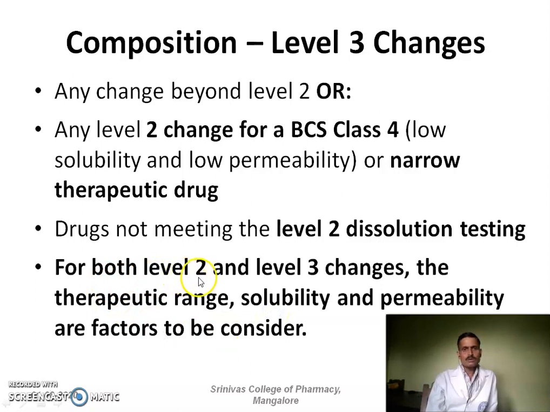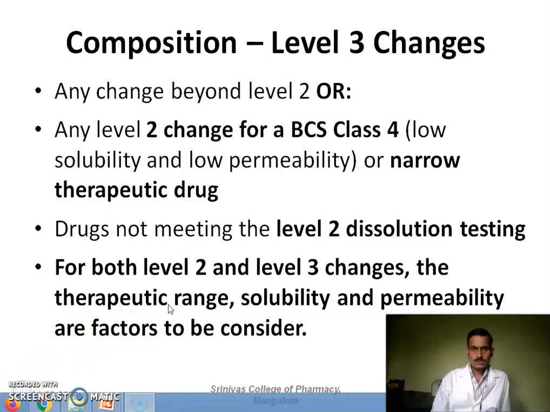For both level 2 and level 3 changes, the therapeutic range, solubility and permeability are considered, that is the BCS classification of drugs. Next we will see what the documentation is.